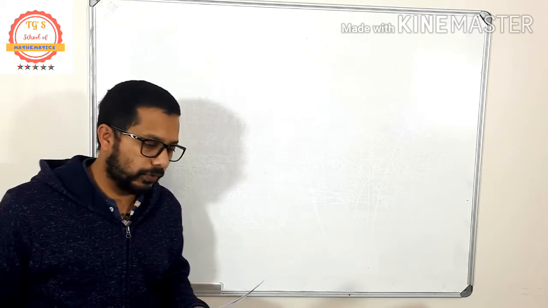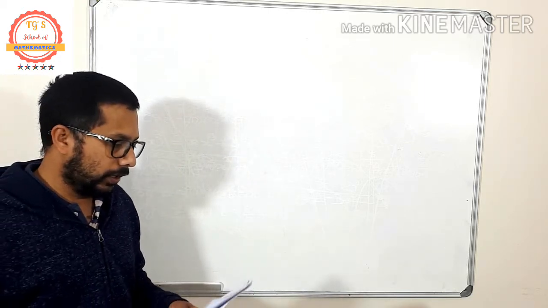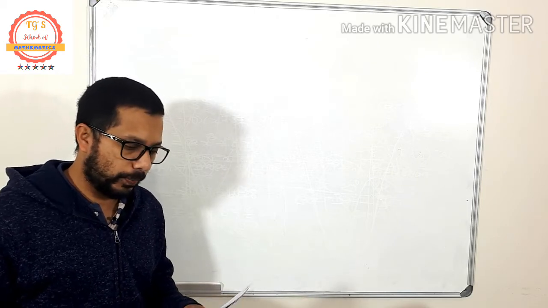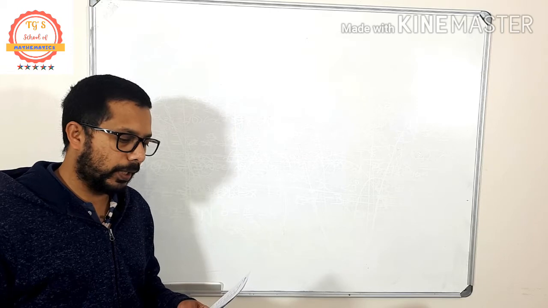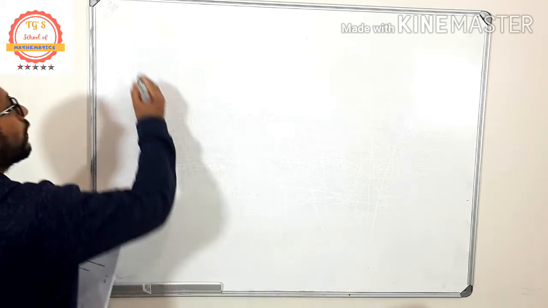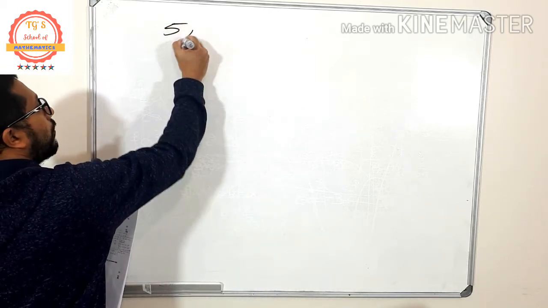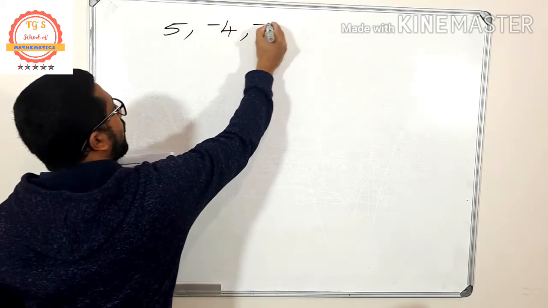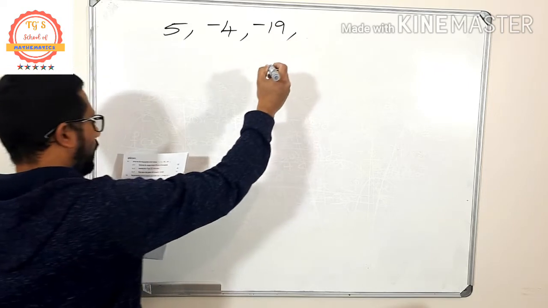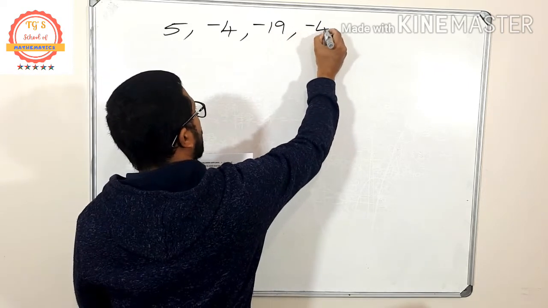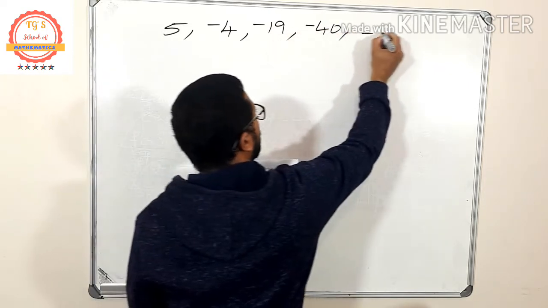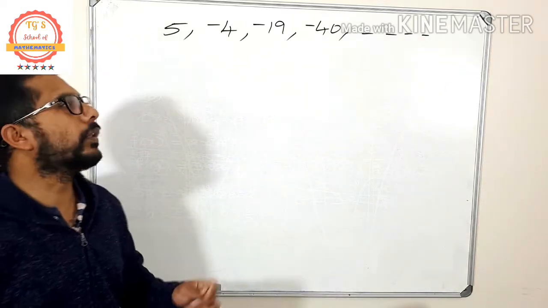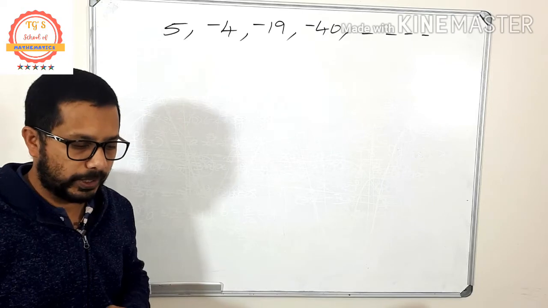Look at the first question, question number 2.1. Given the following quadratic number pattern: 5, minus 4, minus 19, minus 40, etc. It is given in the question that this one is a quadratic number pattern.